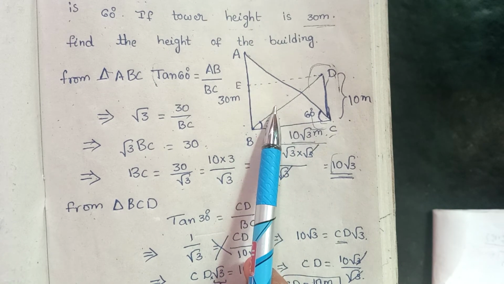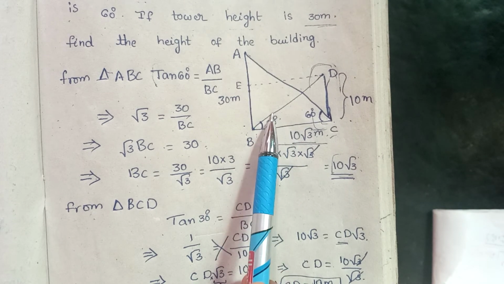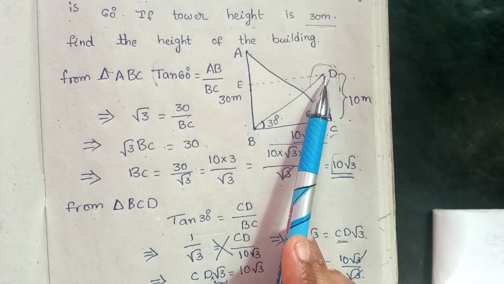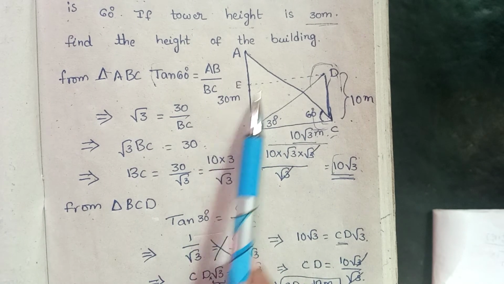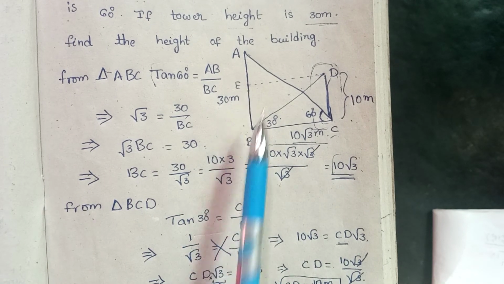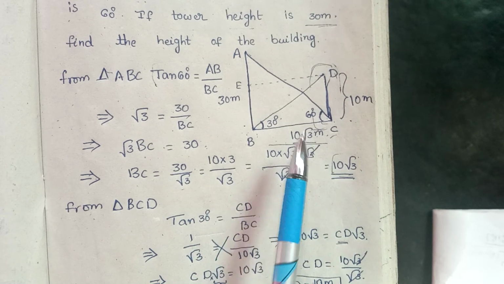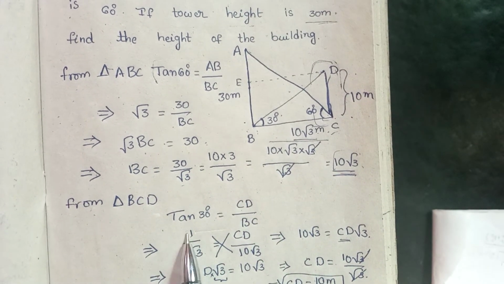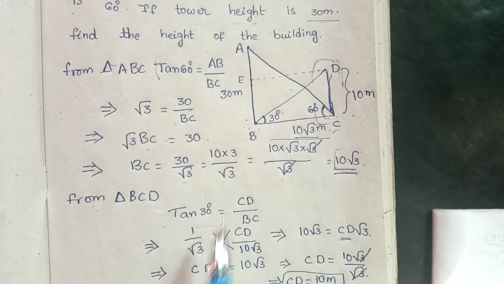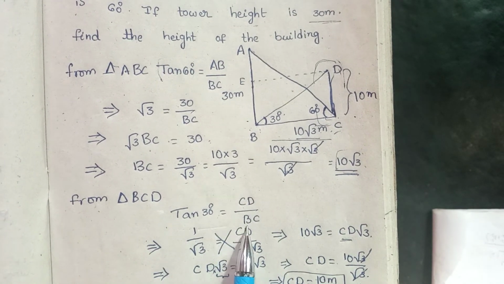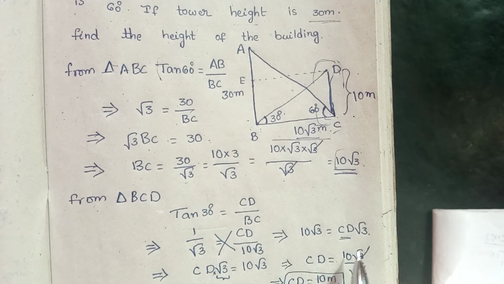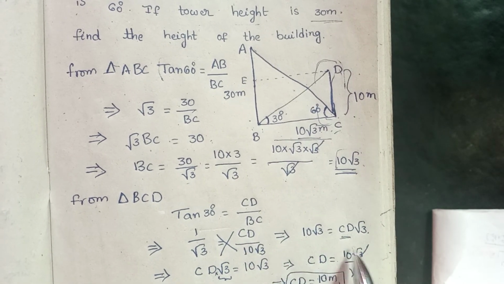If we find the hypotenuse also, there is no use, because in this problem we have to find the opposite side here, and in the earlier triangle we find the adjacent side. For that we have taken the tan function here. Finally we got the CD value.